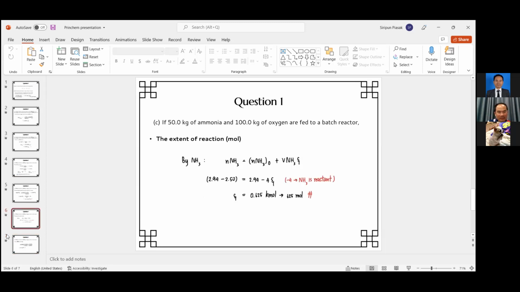Yes, for this case you calculate ammonia by the extent of reaction. The final ammonia equals the initial ammonia minus the consumption, and also you can calculate the oxygen because oxygen is the limiting reactant.